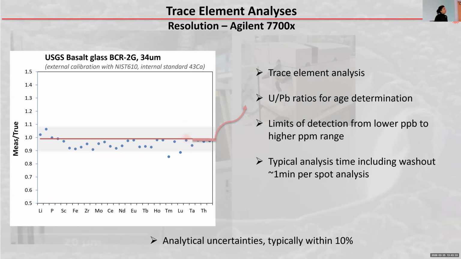So the stability, just a little bit of the analytical uncertainties. This is BCR2G reference material data over a couple of sessions. It's a dark basaltic glass, and a typical analytical uncertainty is around 10%. You can assume. Usually it's way better within one analytical session, but in this case, it was a trace element uranium-lead geochron session with zircons.